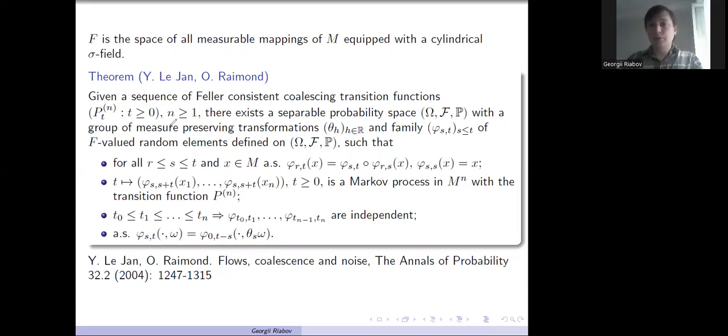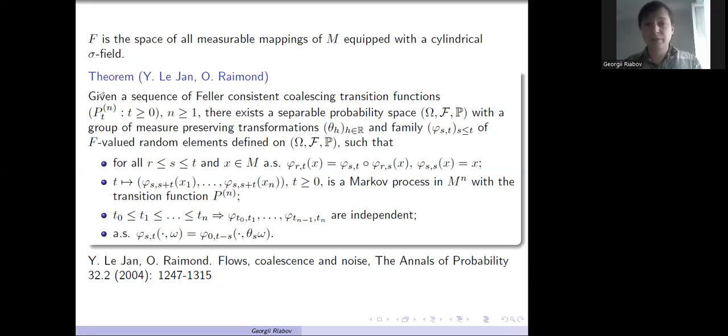So in this approach, we want to construct the stochastic flow that must consist of measurable mappings in X. So the flow will consist of random elements in the space F. To do this, an additional assumption is made that transition functions Pn are Feller transition functions.